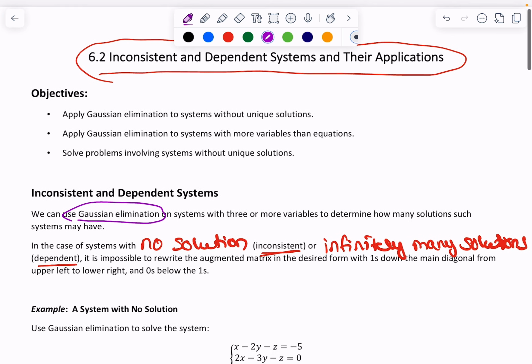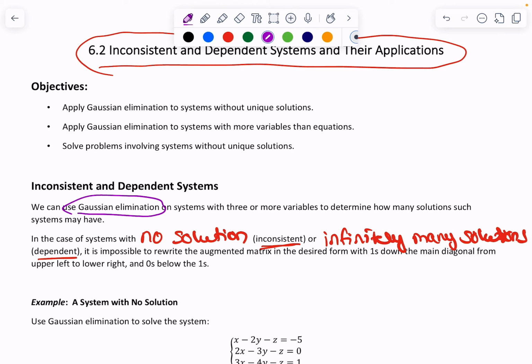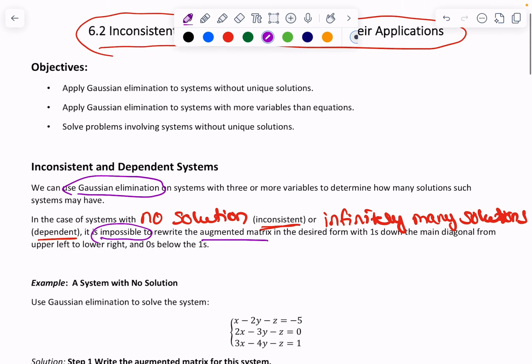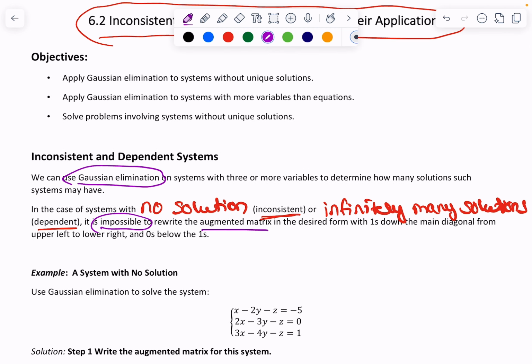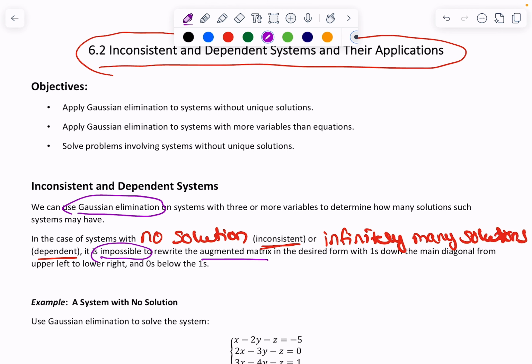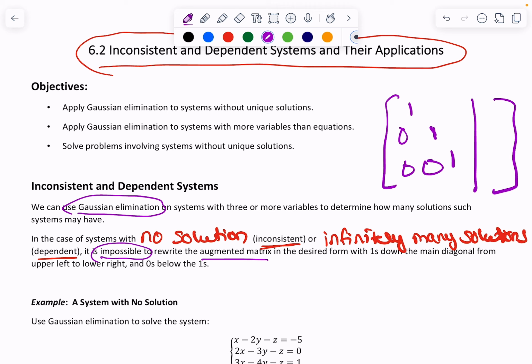So in the case with no solution and infinitely many solutions, it is impossible to write the augmented matrix in the desired form. And remember, the augmented matrix in the desired form was the one where we have ones on the diagonal and then zeros under the ones.